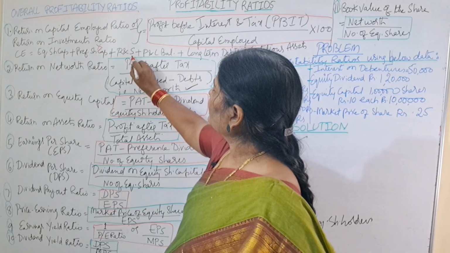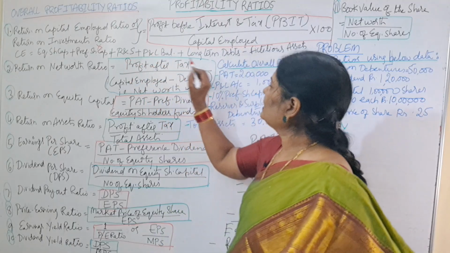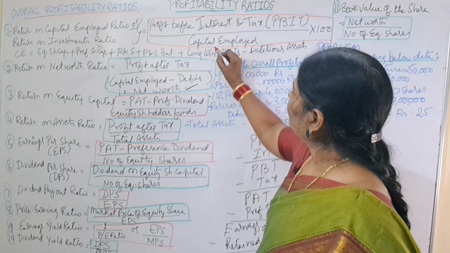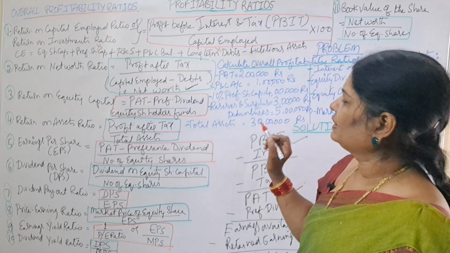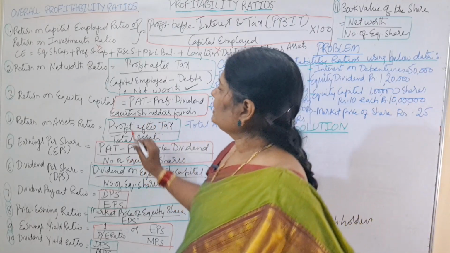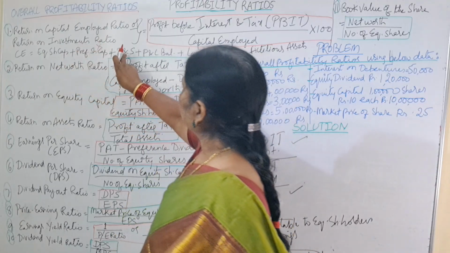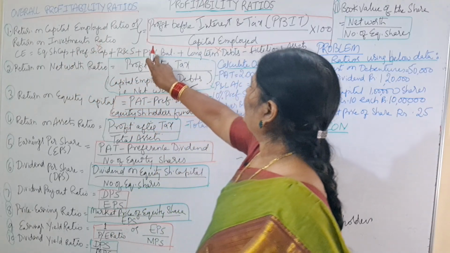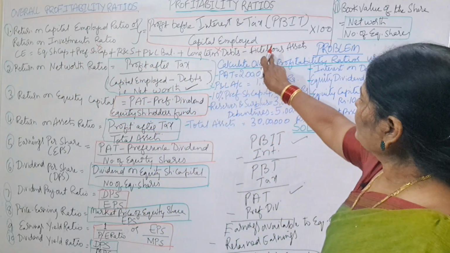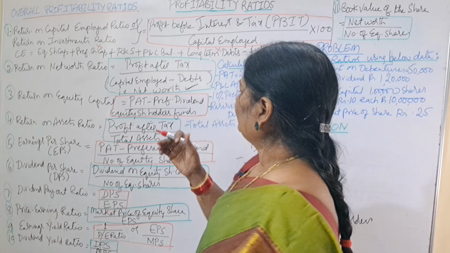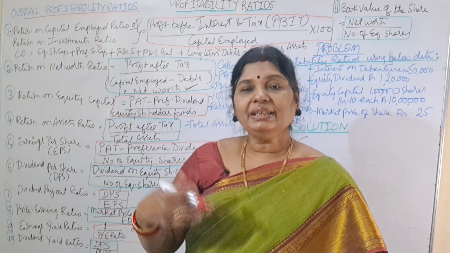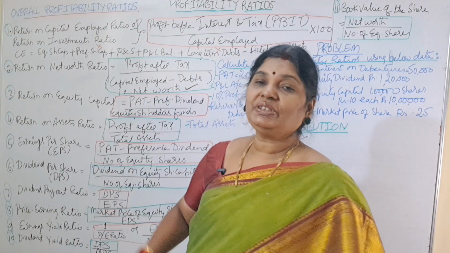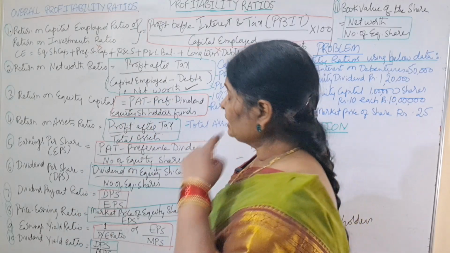We will consider reserves and surplus, P&L account balance, and long term debts also will not be considered, but we will deduct fictitious assets. So what is equity shareholders funds? Equity share capital plus reserves and surplus plus P&L account balance minus fictitious assets. Whatever the equity shareholders are investing in the business, on that their return, equity shareholders can find through this formula.